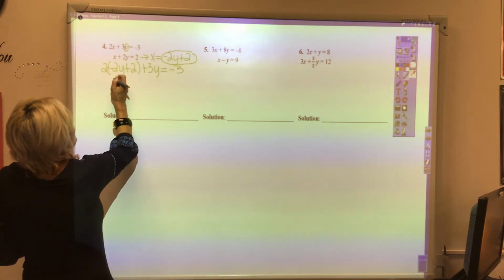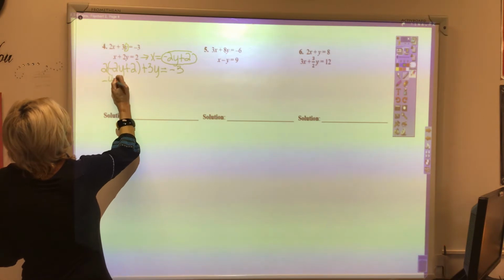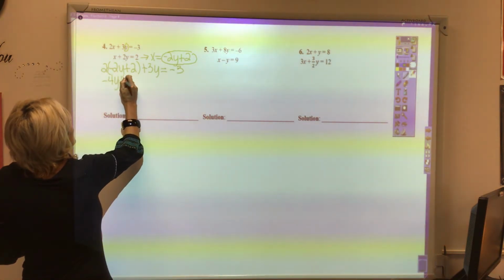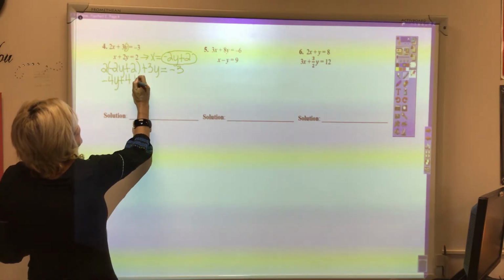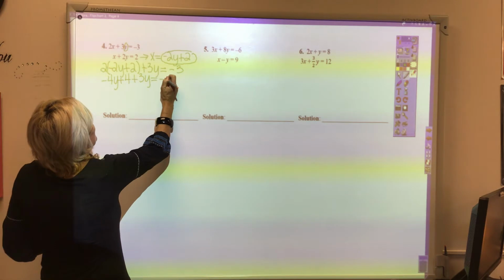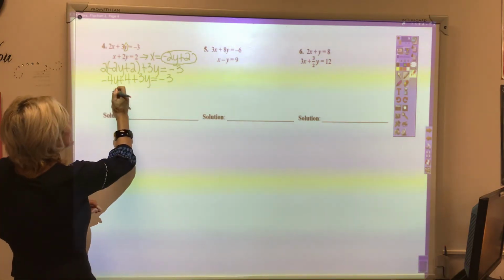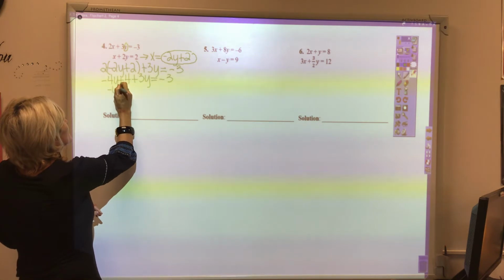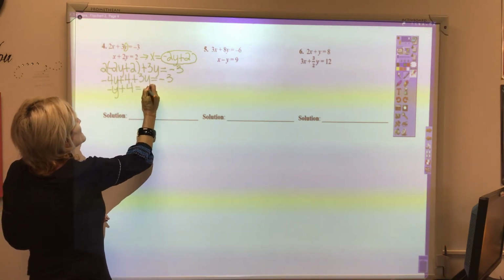I'm going to distribute through. 2 times negative 2y is negative 4y plus 2 times 2, which is 4, plus 3y equals negative 3. I can combine my y's, so I'll have a negative y plus 4 equals negative 3.